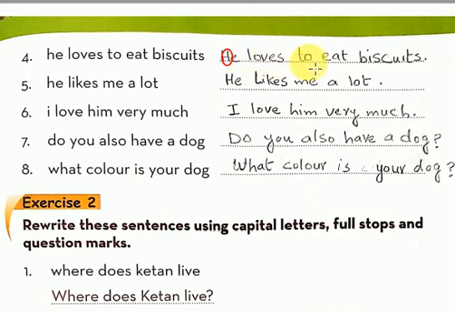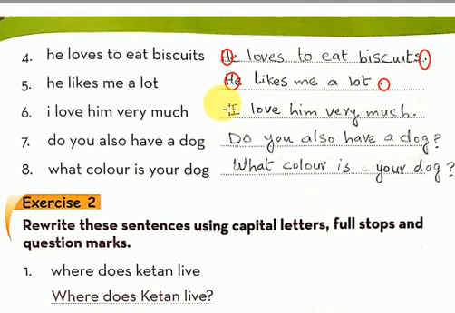He loves to eat biscuits, so a full stop will come at the end of the sentence. Option 5: he likes me a lot. Same error, you have to write H capital and put a full stop at the end.